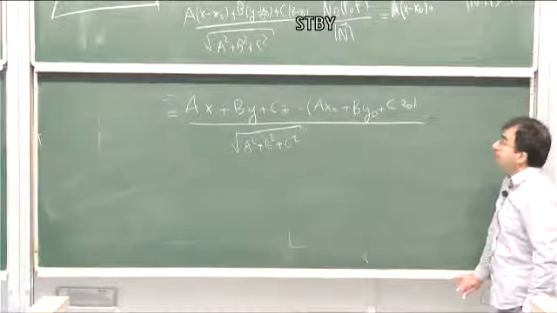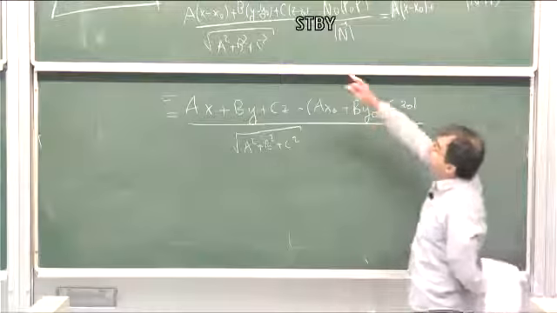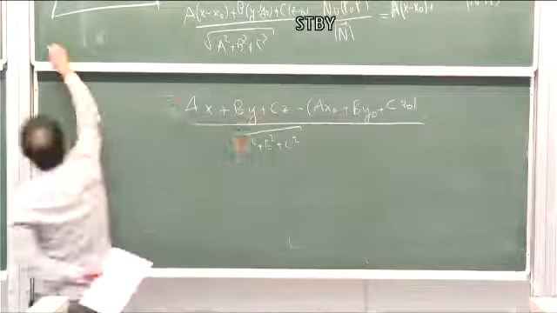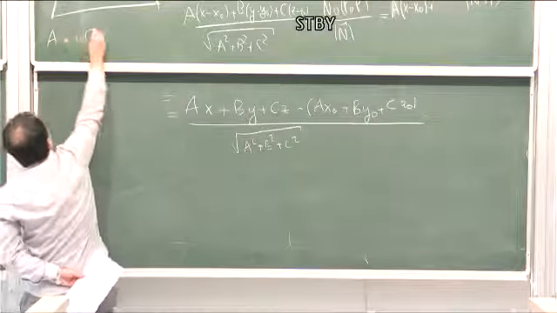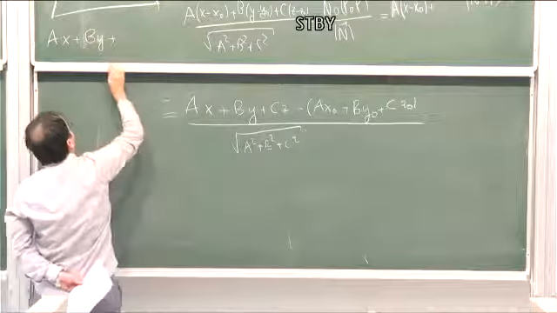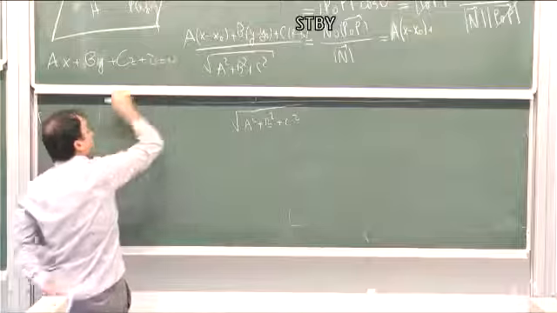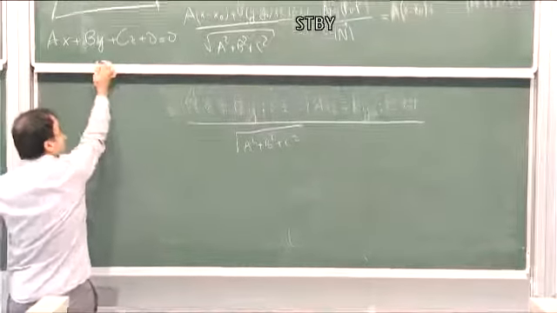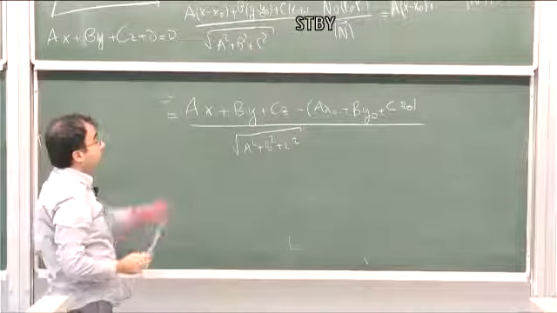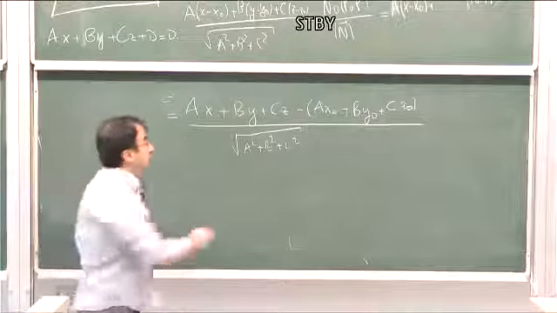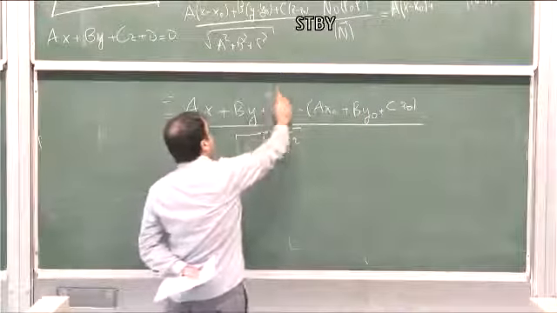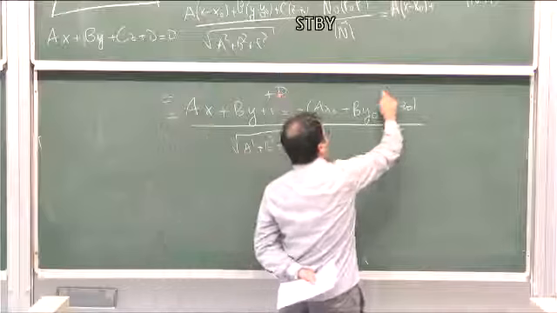Well, the equation of the plane is like that, ax plus by plus cz plus d equals 0. I do not have d here, but I can put d. So I will include d here and another one here.